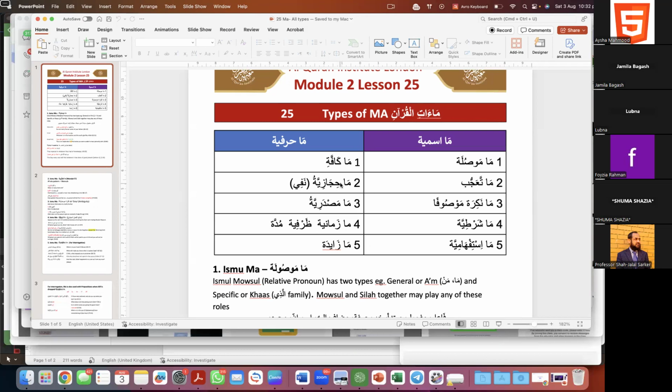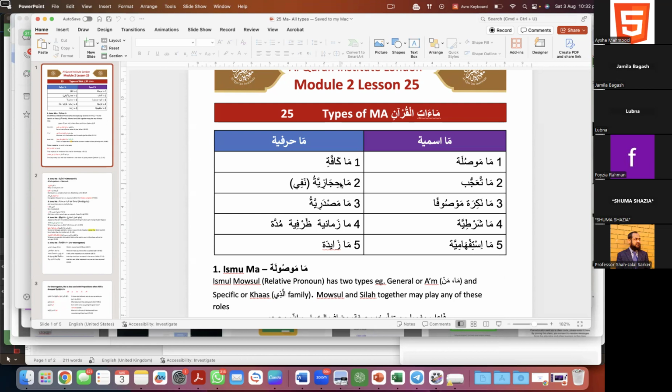Number 3, ma masdariya. Masdar, you remember masdar? We know an masdariya, and this is ma masdariya. Then ma zamaniya zarfiya mudda, so let's talk about time and place, obviously.